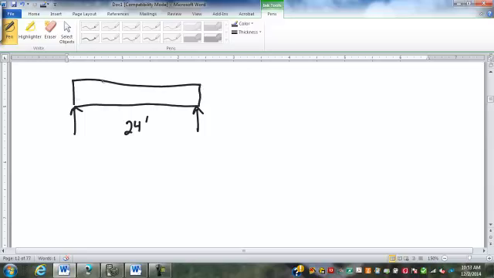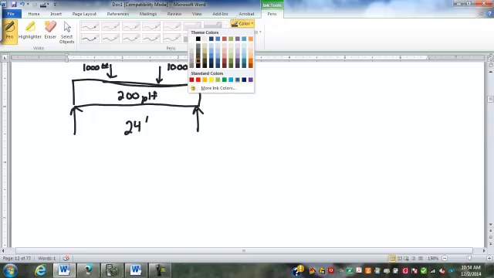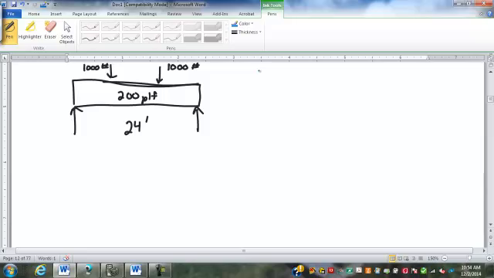So we are going to have a 24-foot beam. Let's say that this is 200 PLF. And there are 2 equally spaced concentrated loads, each of 1,000 pounds. When it comes to deflection, it is truly additive.